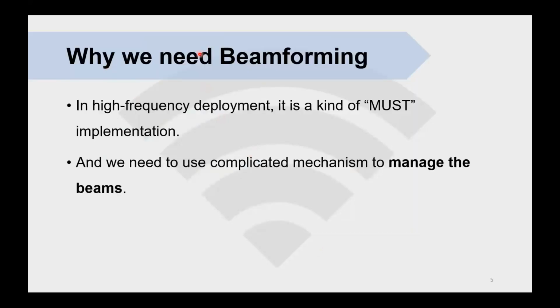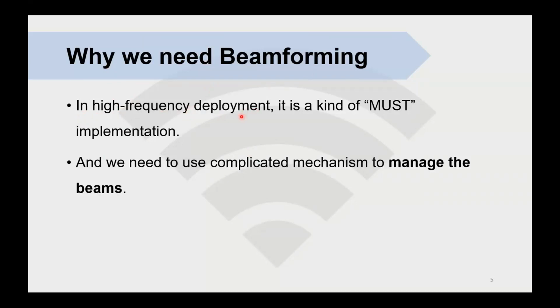So why do we need beamforming? For lower frequency domains it may be fine, because the decay will not be very serious, so the power can easily reach the UE. But in very high frequency deployment, we must do it.